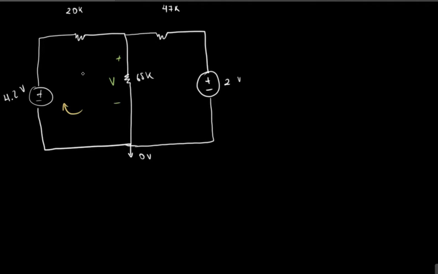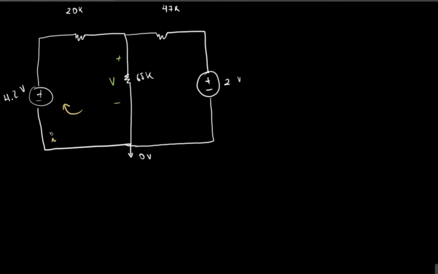So if I pick this orientation, my passive sign convention goes this way. Had I picked counterclockwise, my sign convention would have been this direction. Because again, as the current passes, it enters the positive and it exits the negative, and that's the passive sign convention. For this example, I'm going to pick clockwise because I can.